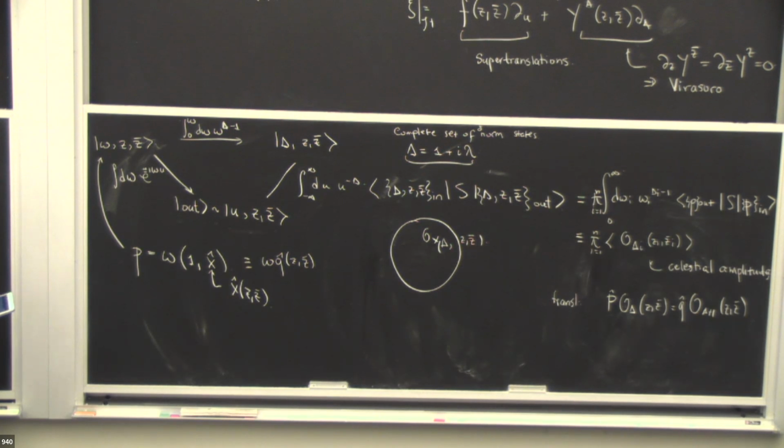They will be different representations, not in the same one. They will be mapped into different highest weight states with a different highest weight dimension that is given by delta plus 1. So they won't be in the same multiplet of the conformal group. Yes, these are the states that are obtained by acting with these translations.